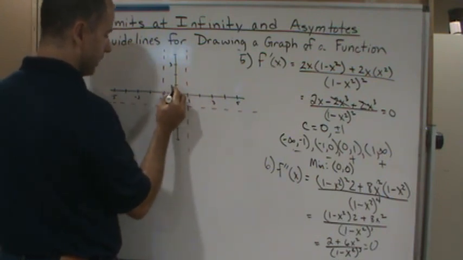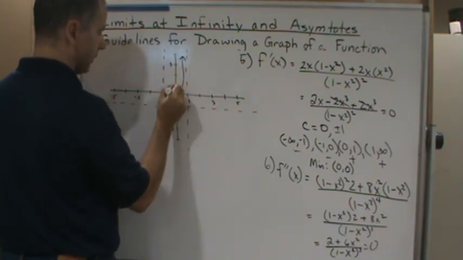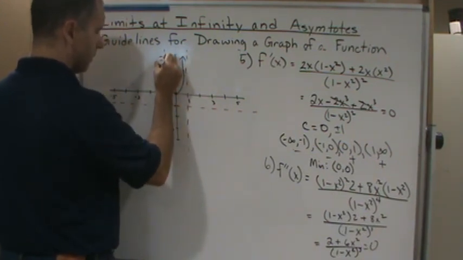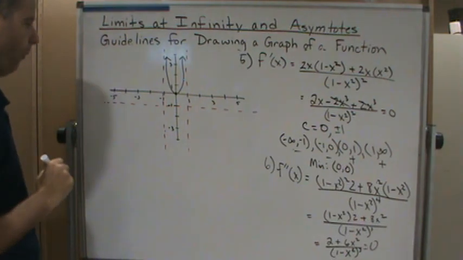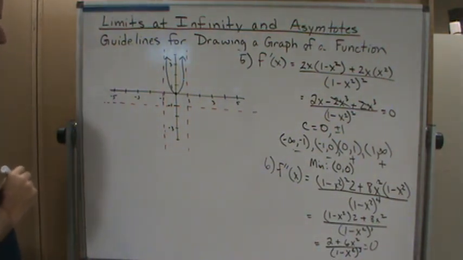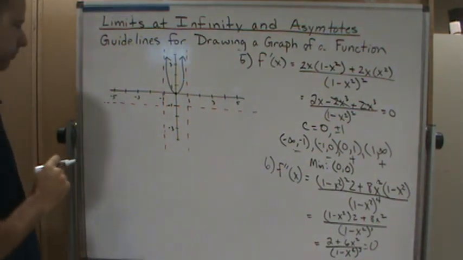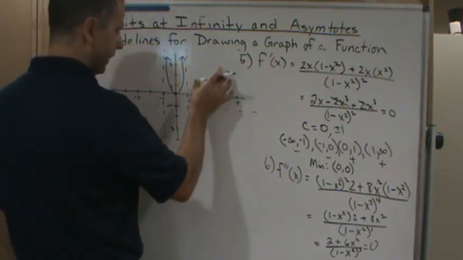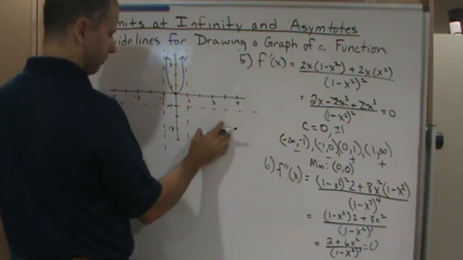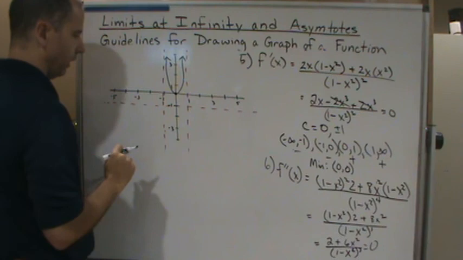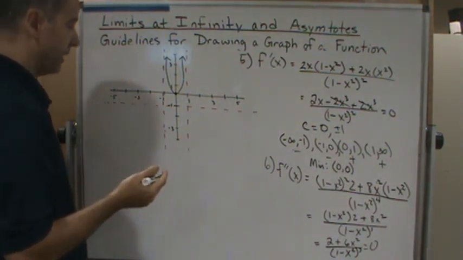So that tells us that this is going to do something like this. Okay, now, what is it up here or is it up here? Or down here? Okay, well, let's use the information that they give us.